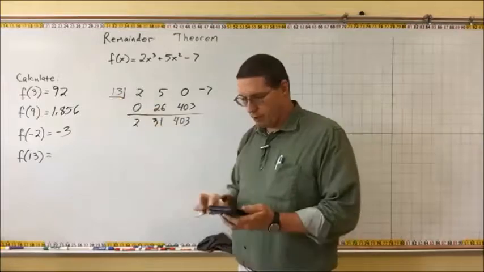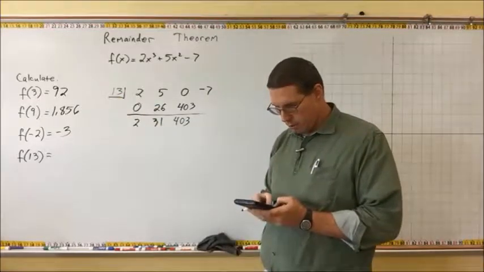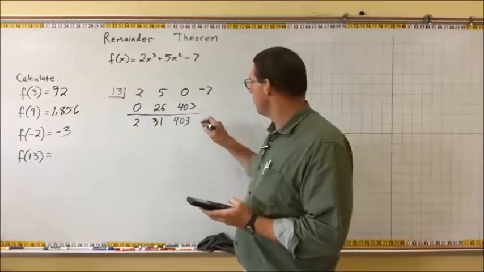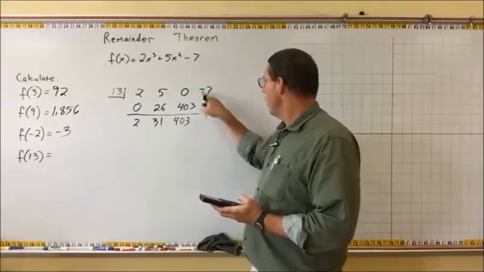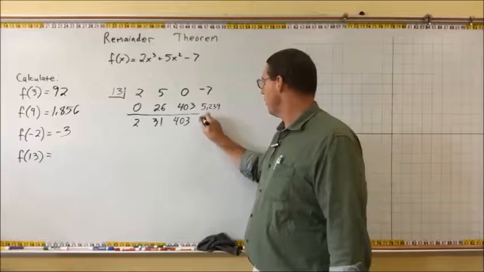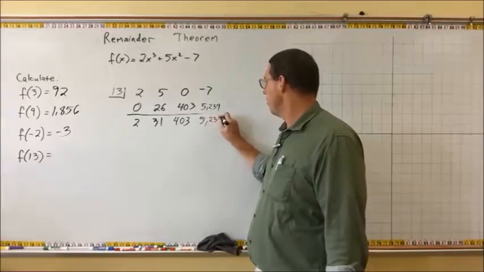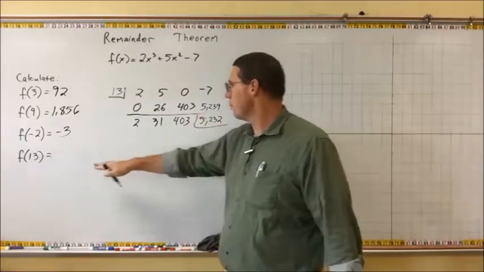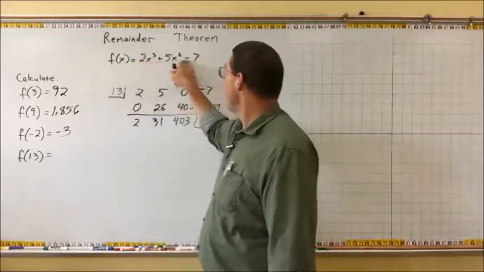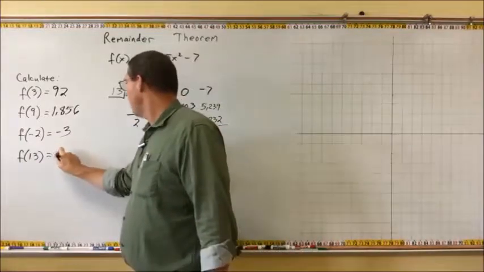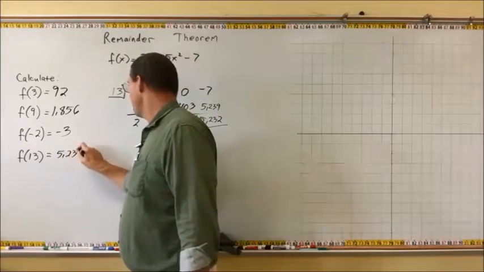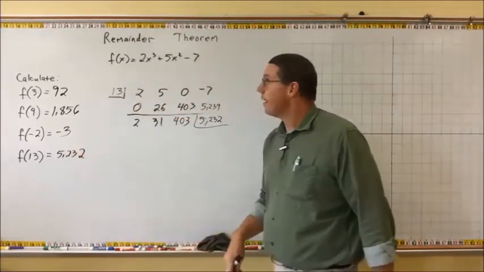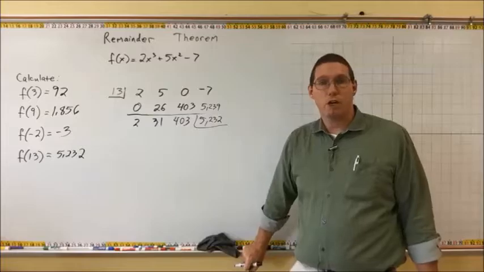And 403 times 13 is 5,239. Subtract 7 from it, and we get 5,232. And so if you were to plug 13 in for x here, you would get 5,232. And that is the remainder theorem.